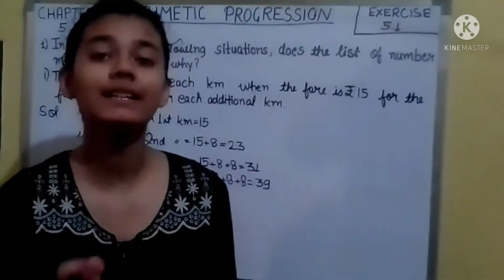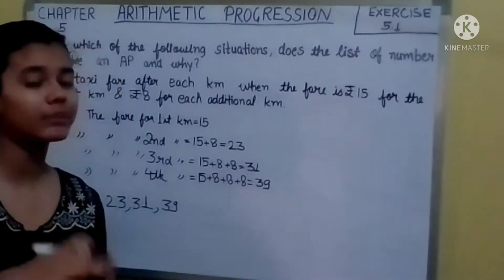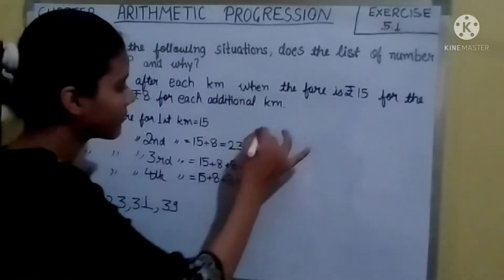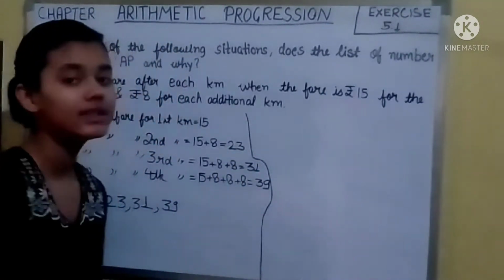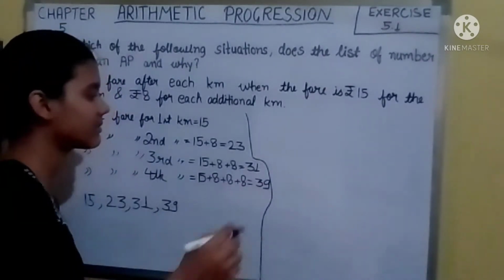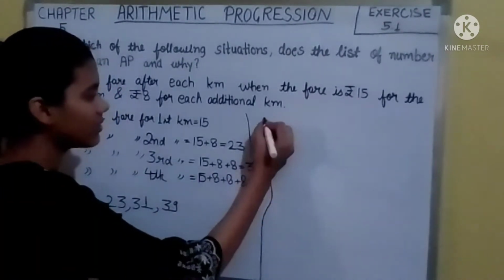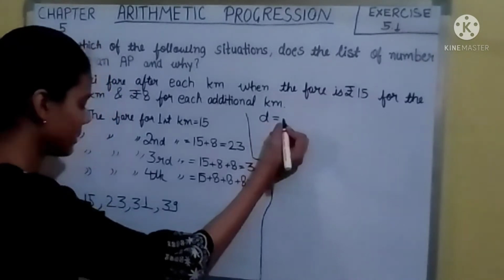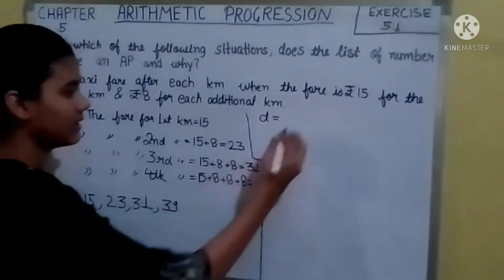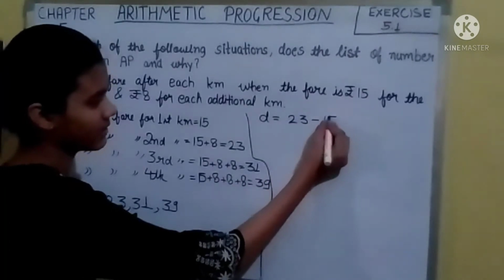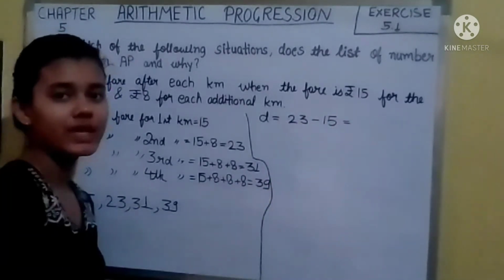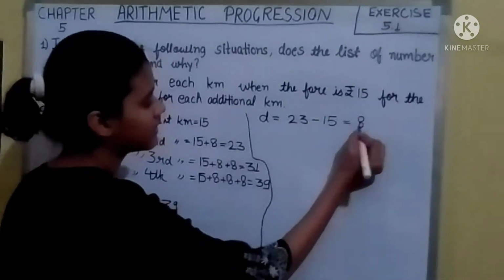Now we will find whether this is an arithmetic progression or not. So how will we find? For that we need to find the common difference between them. D is equal to A2 minus A1, so 23 minus 15 is equal to 8.